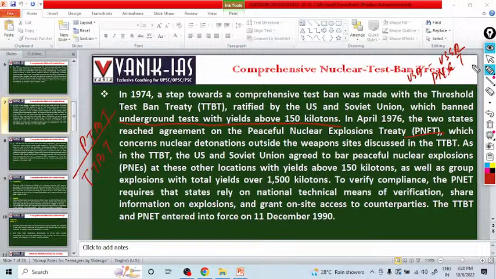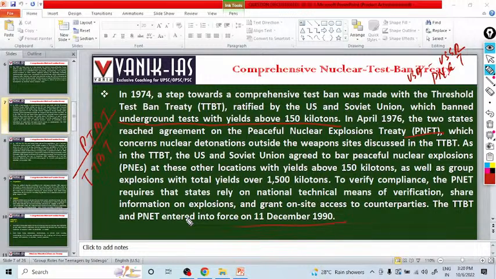The TTBT and the PNET entered into force on 11th December 1990. These two treaties, what? TTBT, Threshold Test Ban Treaty, and Peaceful Nuclear Explosion Treaty. They entered into force on 11th December 1990, and they put restrictions. One put restrictions on testing above 150 kilotons.